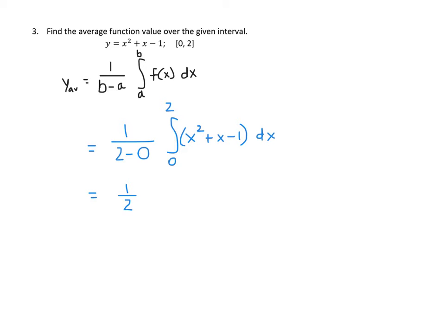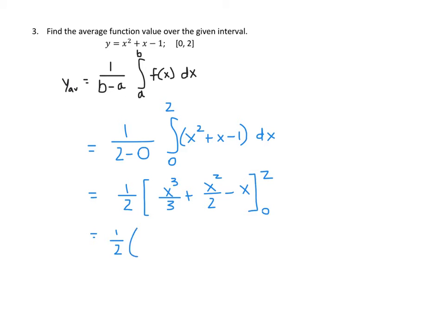So here we have x cubed divided by 3 plus x squared divided by 2 minus x, and then we're integrating from 0 to 2. So now we have 1/2 times, and then we're going to plug in 2 into our antiderivative.